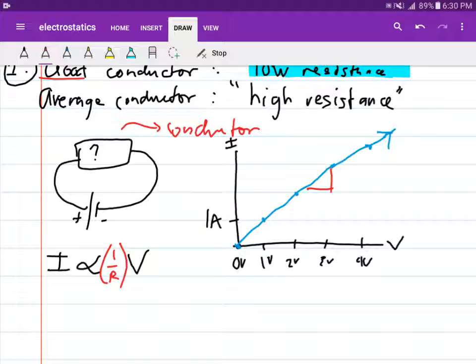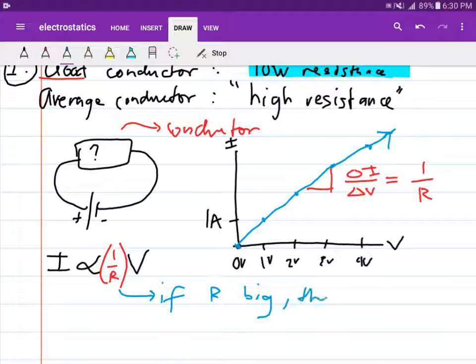So if you divide the change in current over the change in voltage, you would get the value 1 over R. What this 1 over R means is that if R is big, then this whole term is small, 1 over R is small.